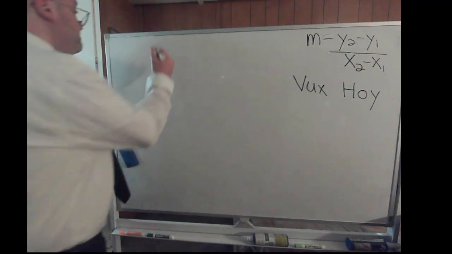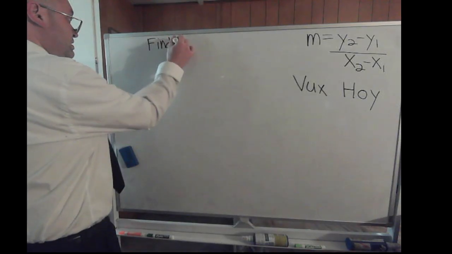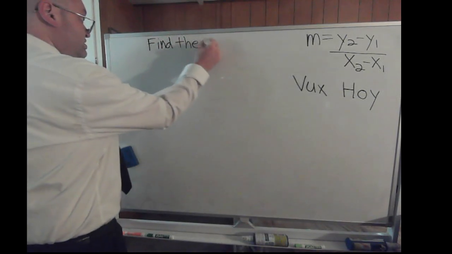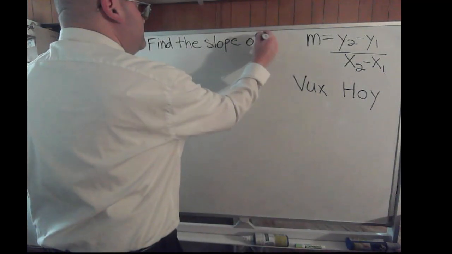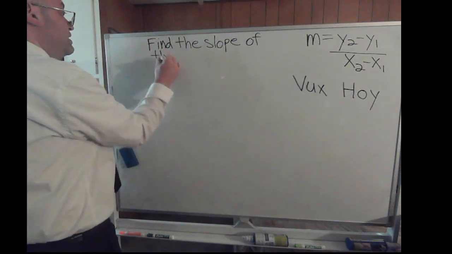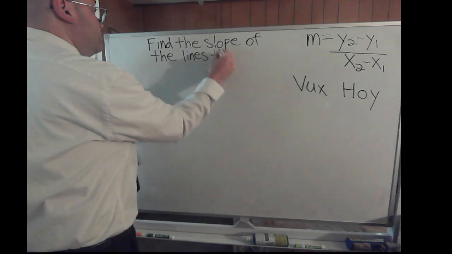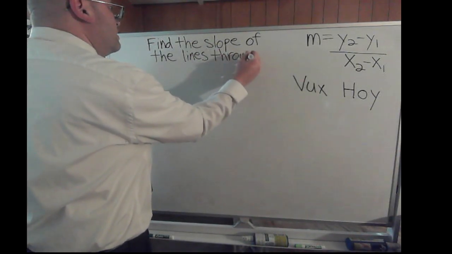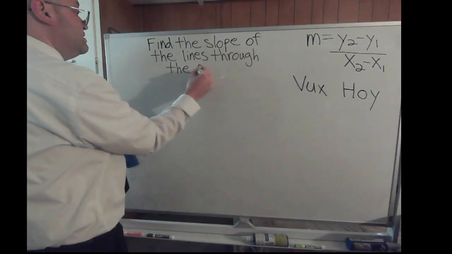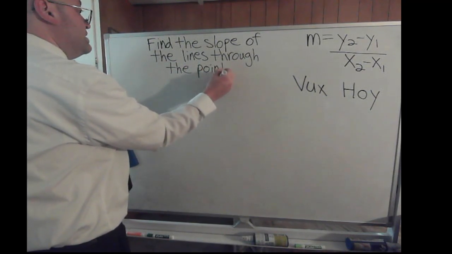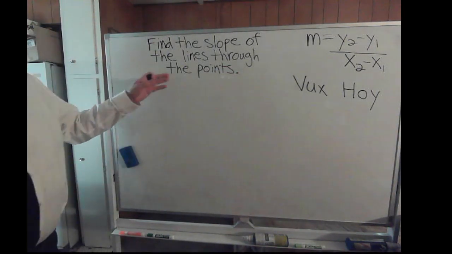Alright, so find the slope of the lines through the points. We're going to have 2 points here on a coordinate plane.